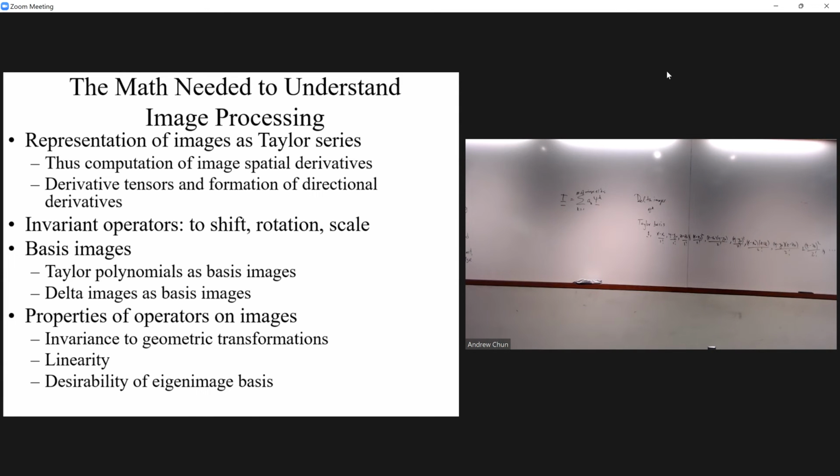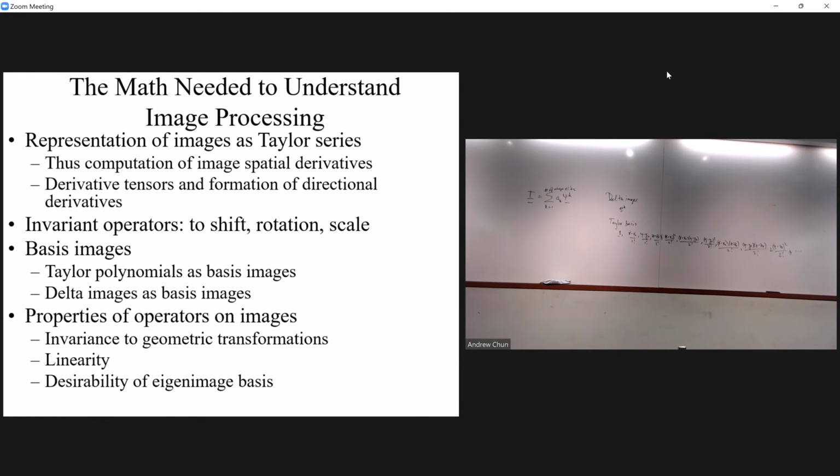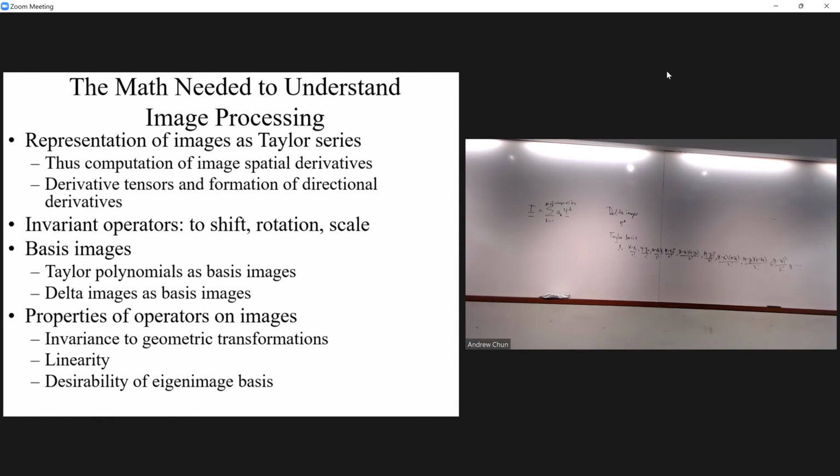And the idea is that those basis polynomials get evaluated at every pixel position x, y, z, or in 2D x, y, and thus form an image. These polynomial expressions turn into images by evaluating them at the pixel or voxel positions.